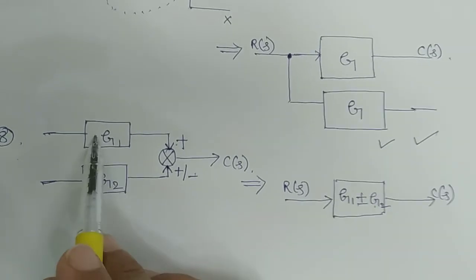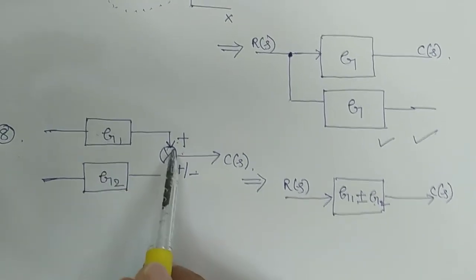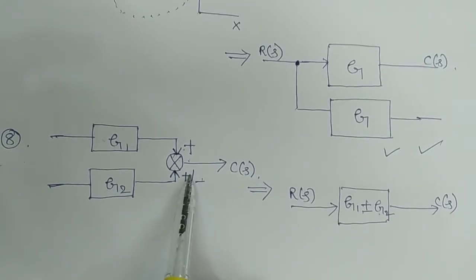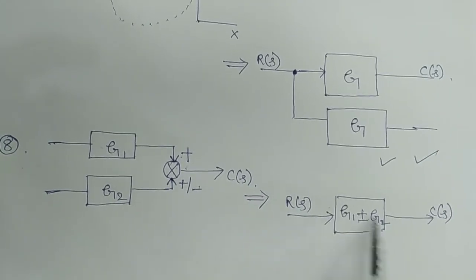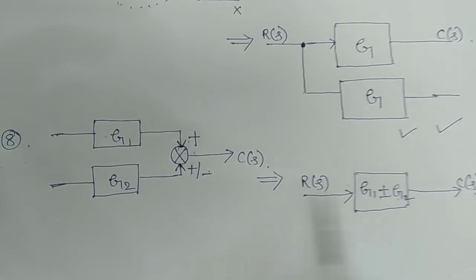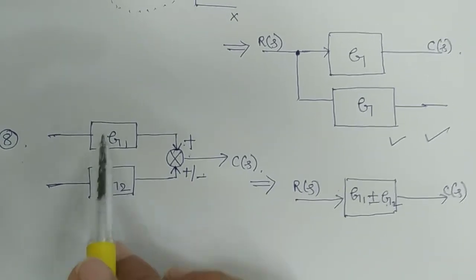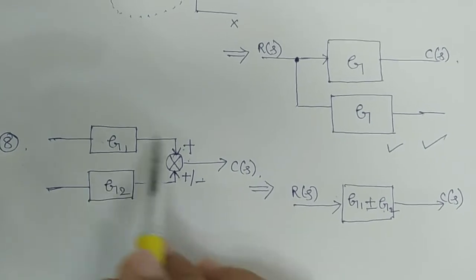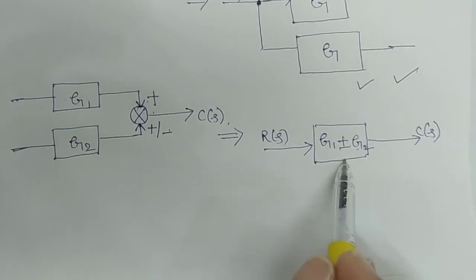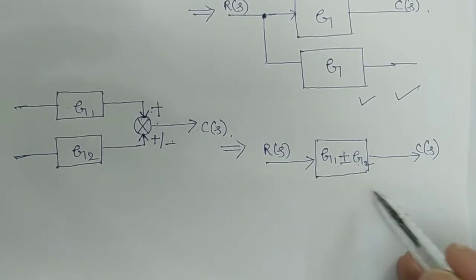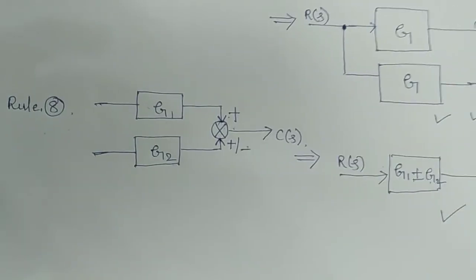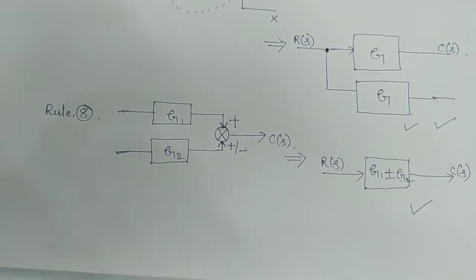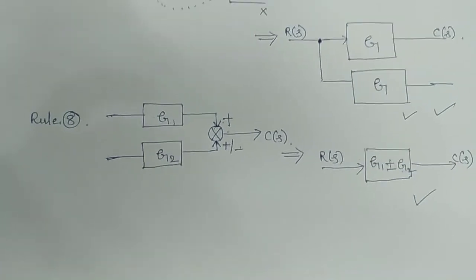If G1 is plus and G2 is minus, then your result will be G1 minus G2. Or otherwise, if it is minus and then plus, your result will be G2 minus G1. Likewise you have to simplify or reduce. This is rule number 8.